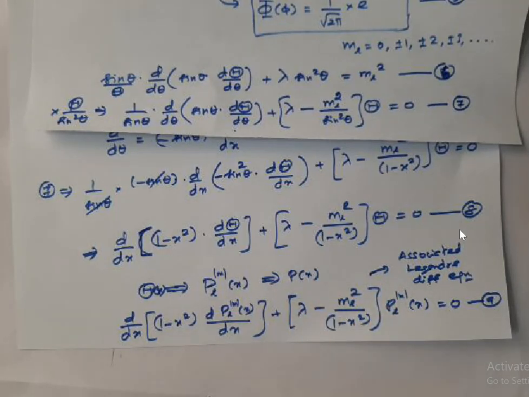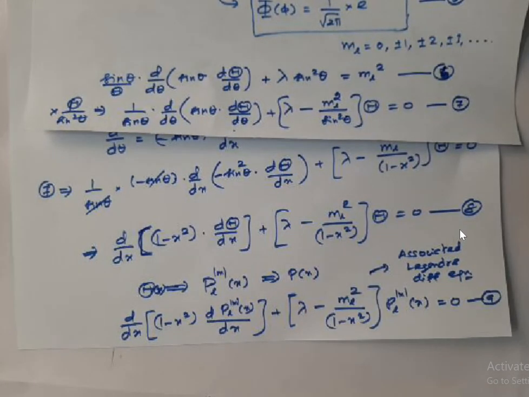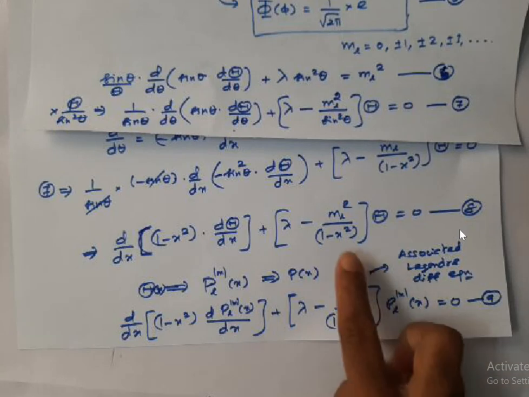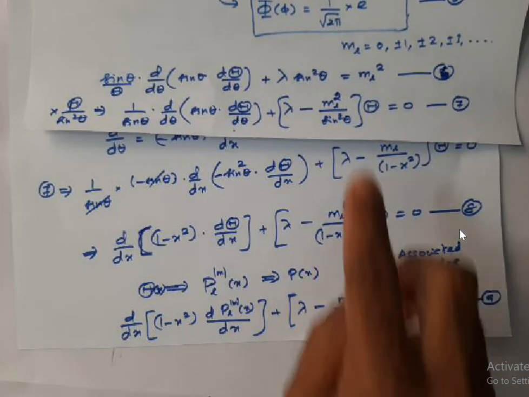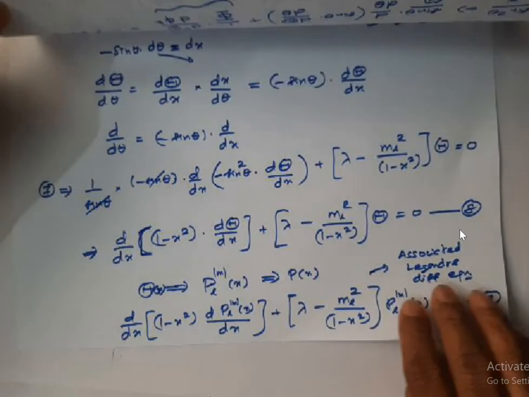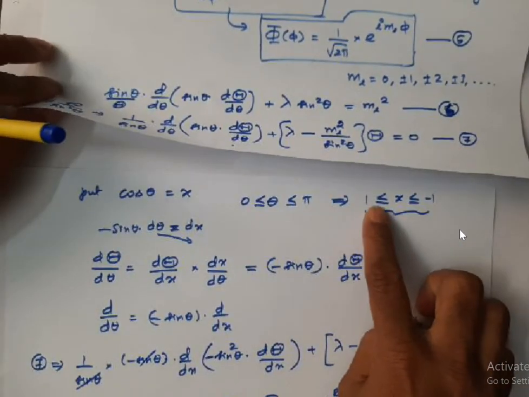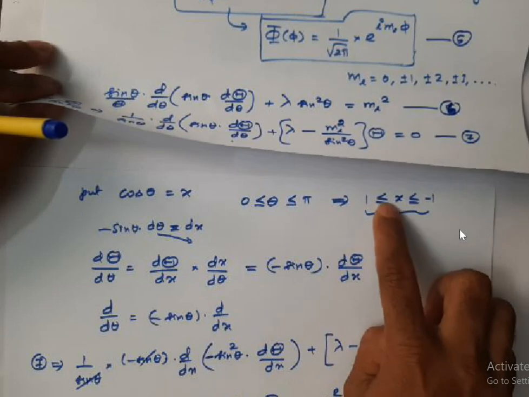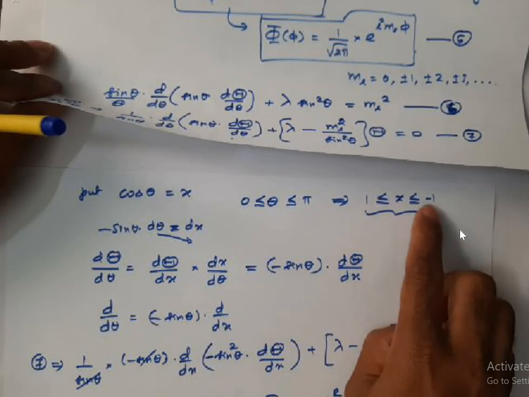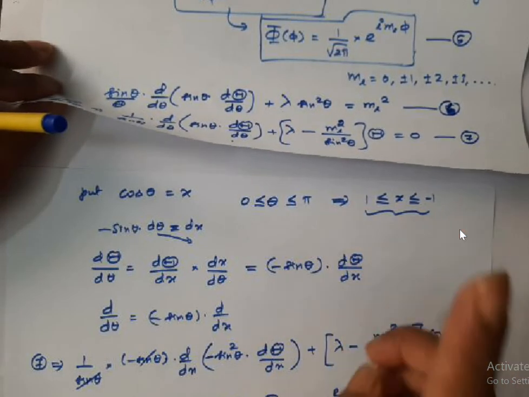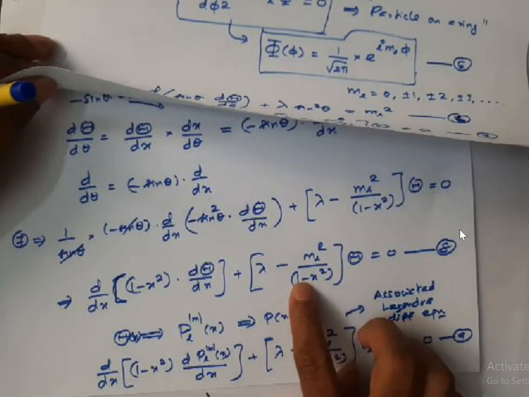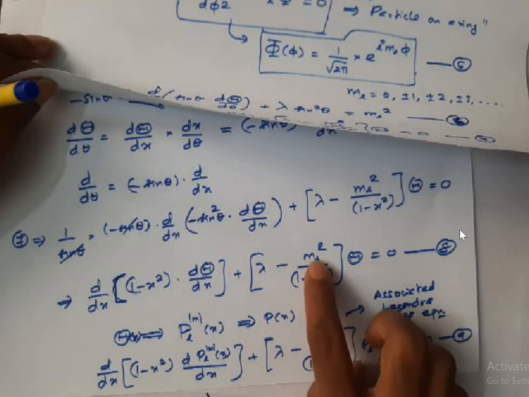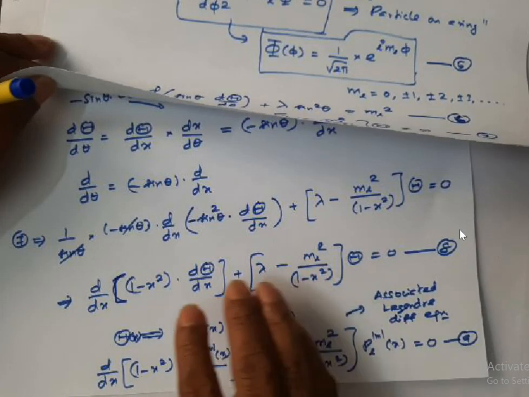But before completing today, let me give one piece of information here. Listen, what happens if x square becomes plus 1 or minus 1? You know very well, the range of x is 1 to minus 1, right? So if x is plus 1 or minus 1, if I square it, I'll get x square as 1. If I put x square equal to 1 here, 1 minus 1 becomes 0, and something divided by 0 becomes infinity.